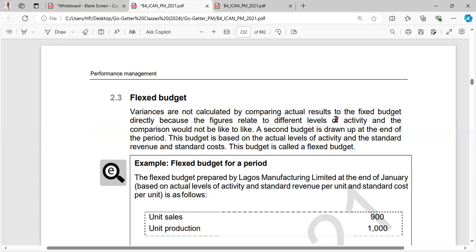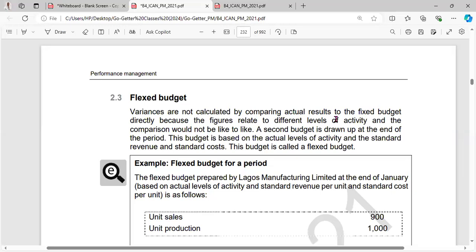The 1,200 production that you have produced, that you budgeted before, you'll be asking yourself now, what if at the beginning of the budget we had planned to produce 1,000 and we have planned to sell 900? That's the actuals, right?